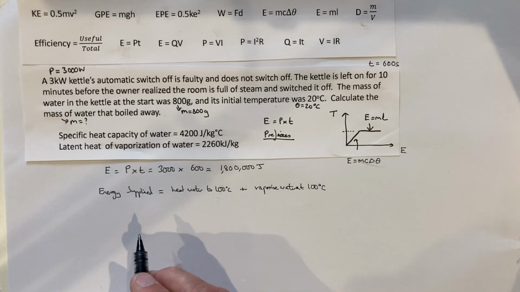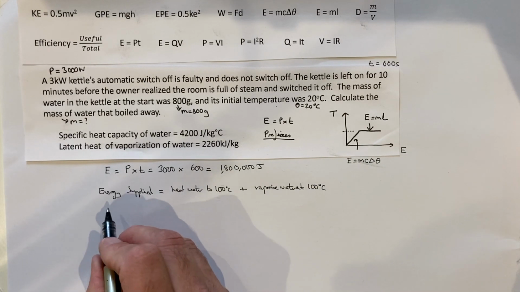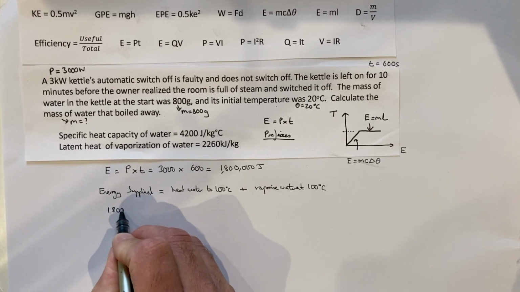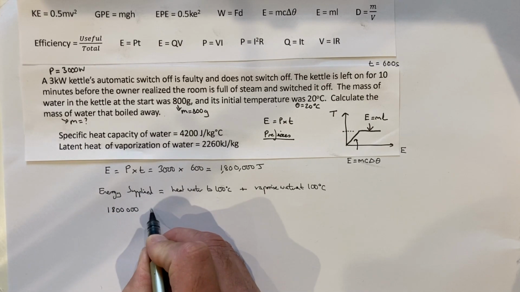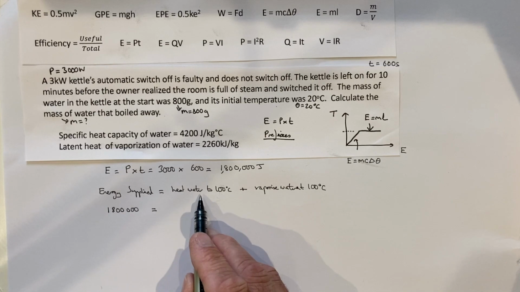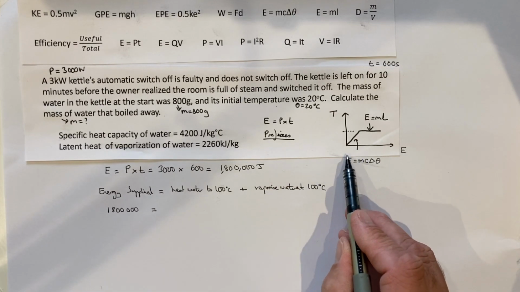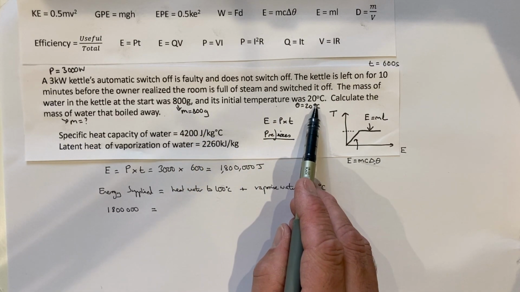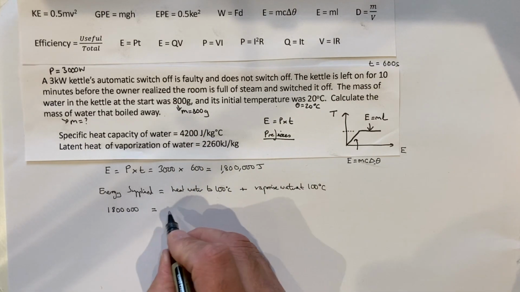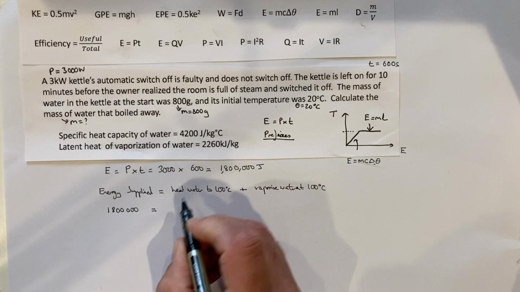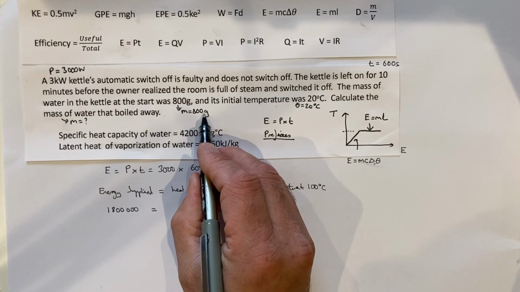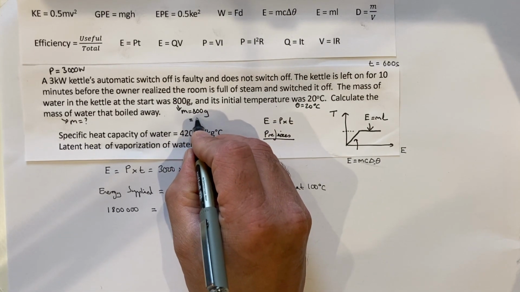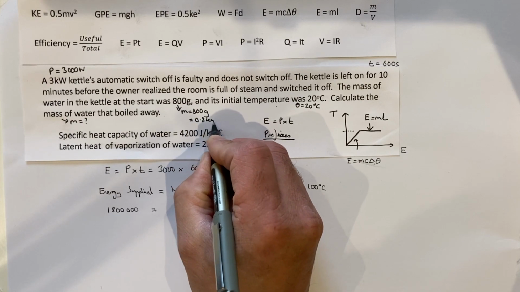So now let's put the equations in. The energy supplied was 1,800,000 joules. It first of all heated water. Well, that's going to be this equation here, because we're raising the temperature from 20 degrees to 100 degrees C. So it's going to be the mass, which is 800 grams, which I should have converted then, but I didn't, into 0.8 kilograms.